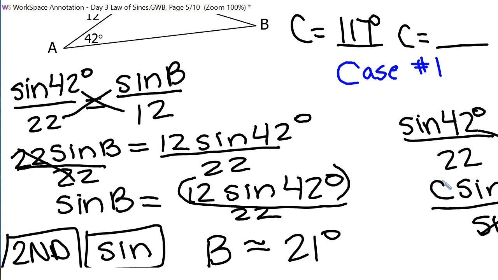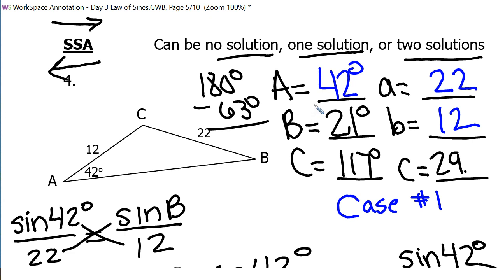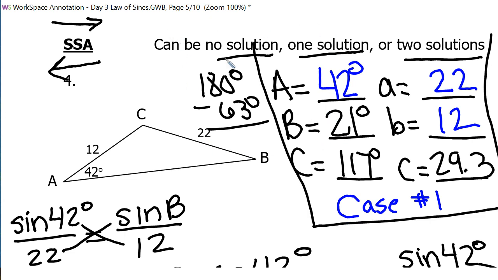Do we agree? 29.3. There is our answer. We only had case 1. Why was case 2 not even feasible? The angles added up to more than 180 degrees. So this one only has one solution.